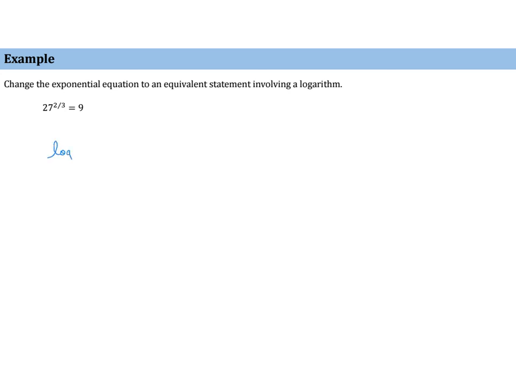What will be the base here for the logarithm? The base is going to be the same as what we see in the exponential. So log base 27 of something equals our exponent, because the logarithm separates the base and the exponent.